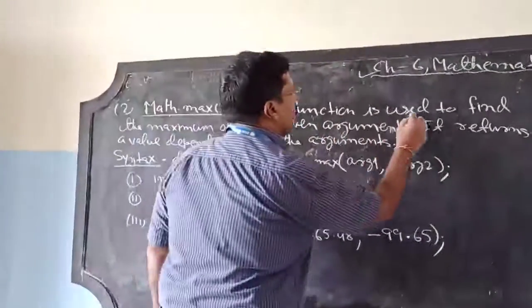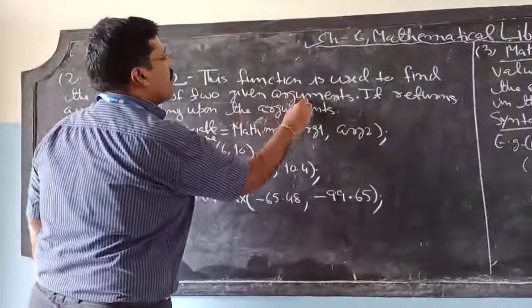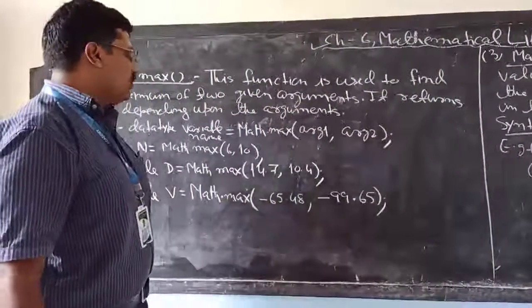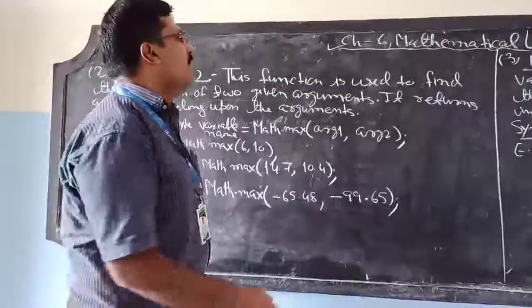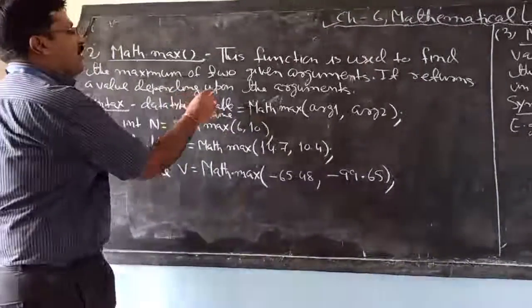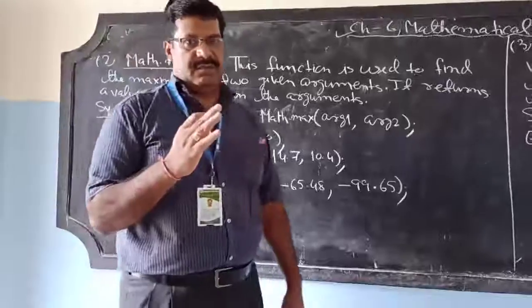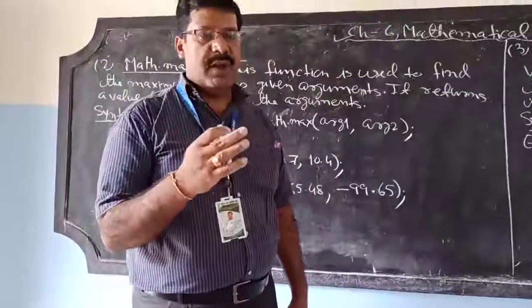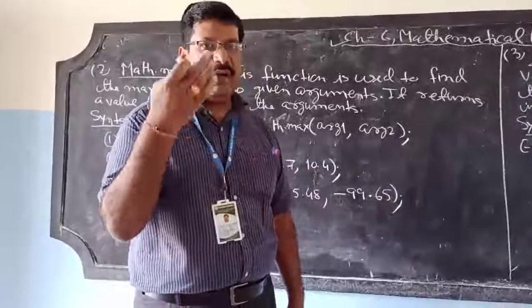This function is used to find the maximum of 2 given arguments. Maximum of how many given arguments? Only 2, not more than 2. It returns a value depending upon the arguments. That means its data type will depend on what value it returns.